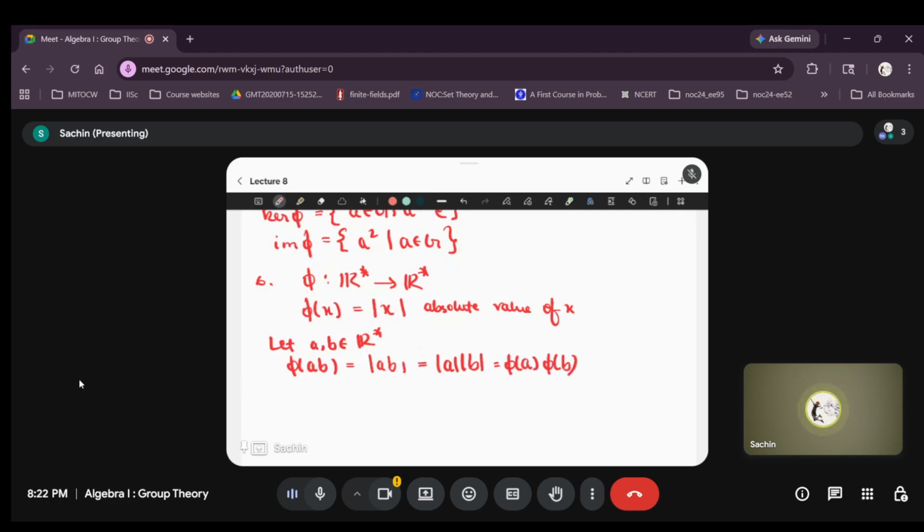So it is a homomorphism. And also if a and b are not zero, ab is also not zero. R star is multiplication on real numbers without zero.